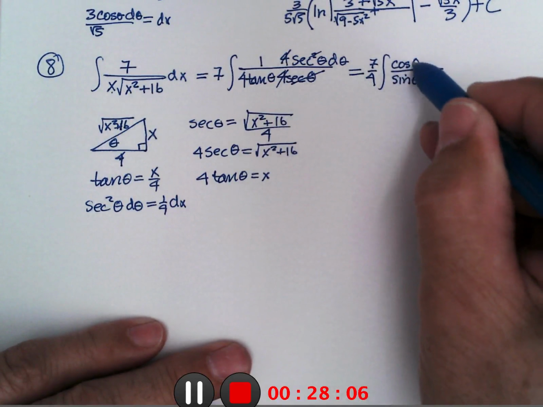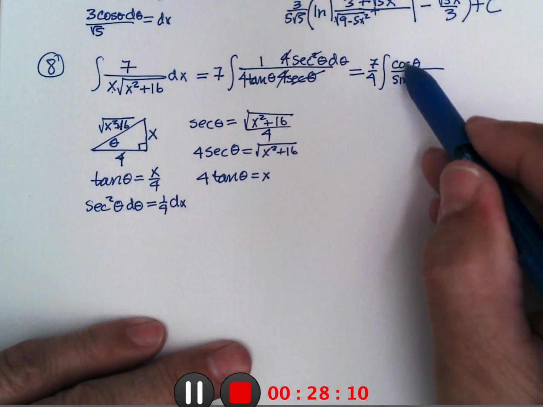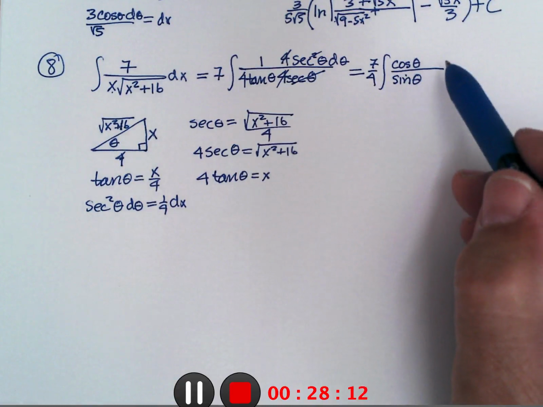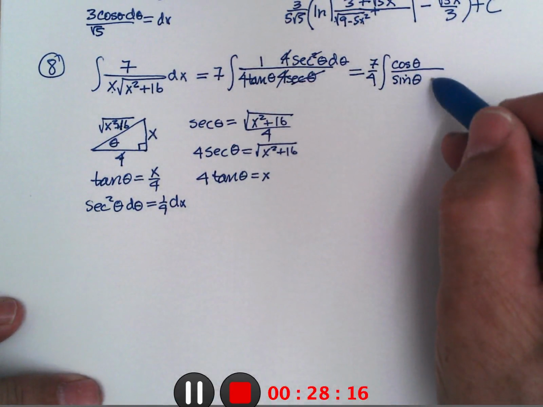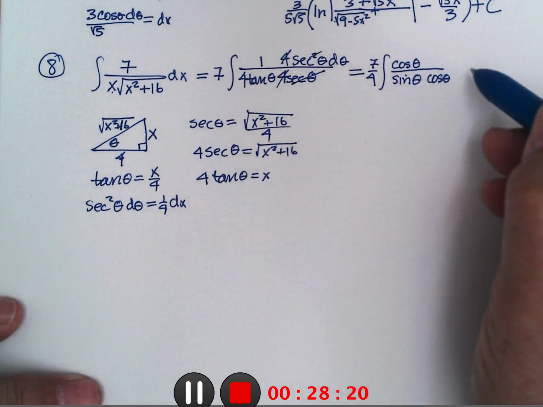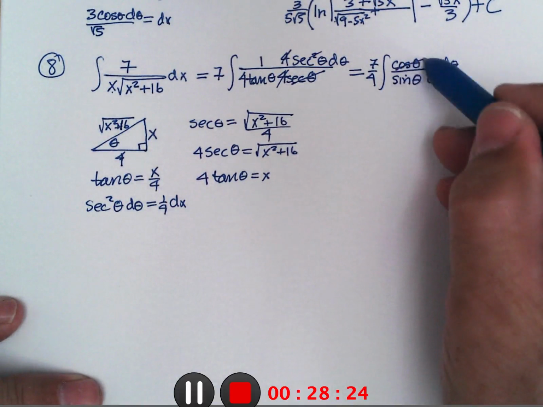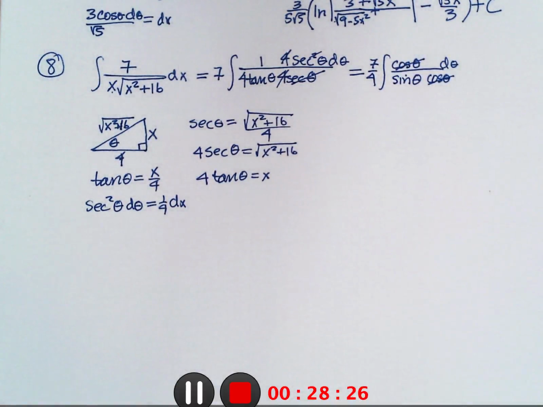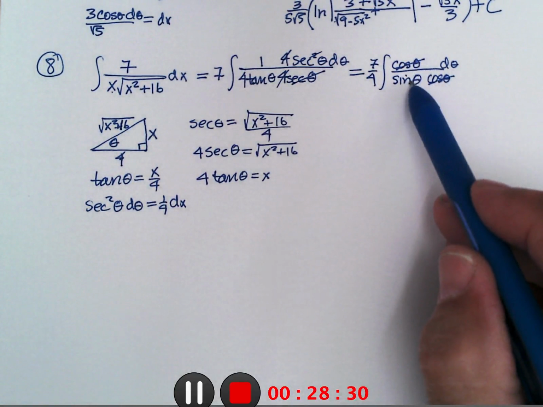Or, if you will, 1 over tangent, cotangent, which is cosine over sine. And then we have secant, which is 1 over cosine, d theta. So the cosines cancel. So I'm left with 1 over sine, which is cosecant.